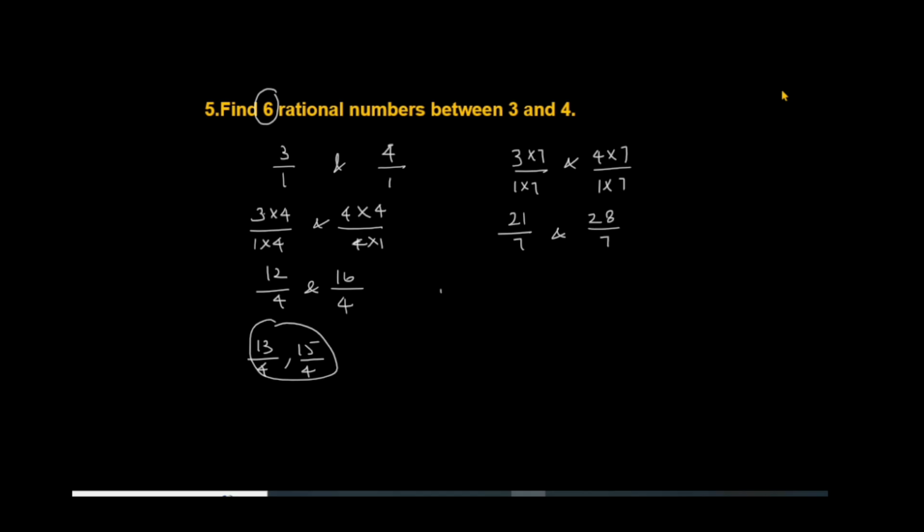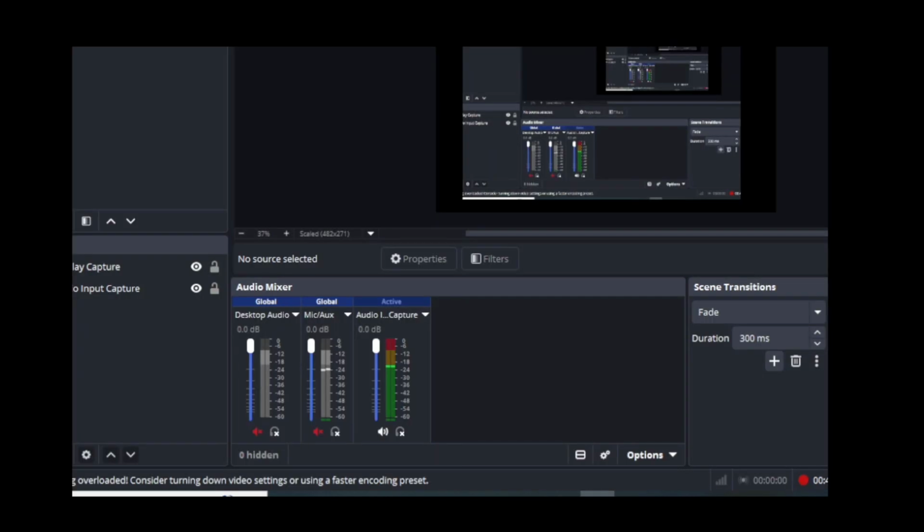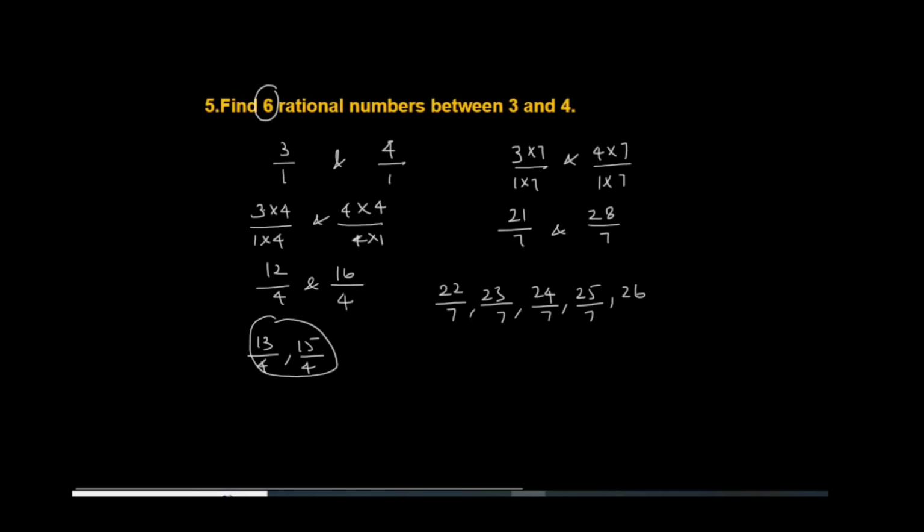Now how many numbers? 22 by 7, 23 by 7, 24 by 7, 25 by 7, 26 by 7, 27 by 7. So 1, 2, 3, 4, 5, 6 numbers.